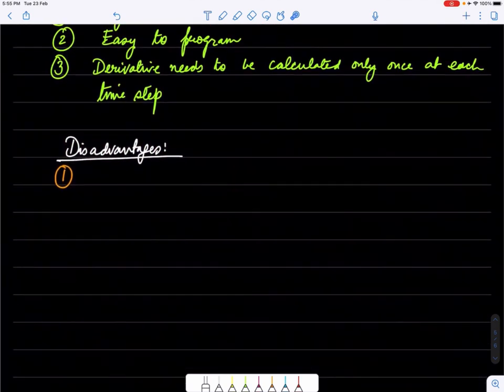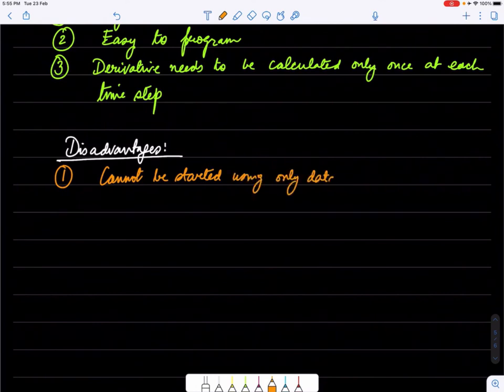So this method cannot be started using only data at the initial point, and some data from prior points is also required.